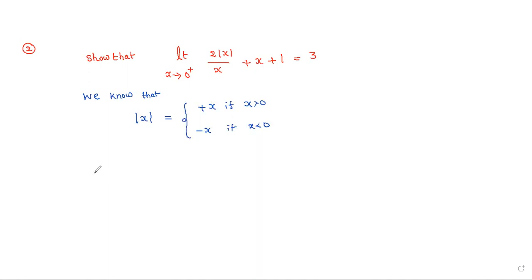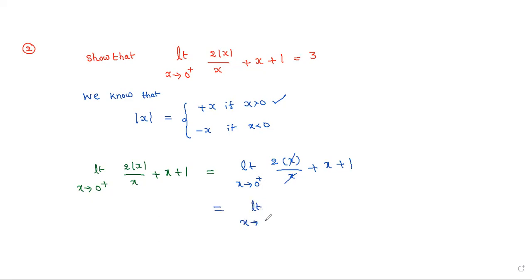The limit as x extends to 0 plus, taking modulus x for more than 0, that means positive x by x plus x plus 1. X cancels. The limit as x extends to 0 plus of 2 plus x plus 1, substituting the x value, 2 plus 0 plus 1, 2 plus 1, 3. Hence proved.